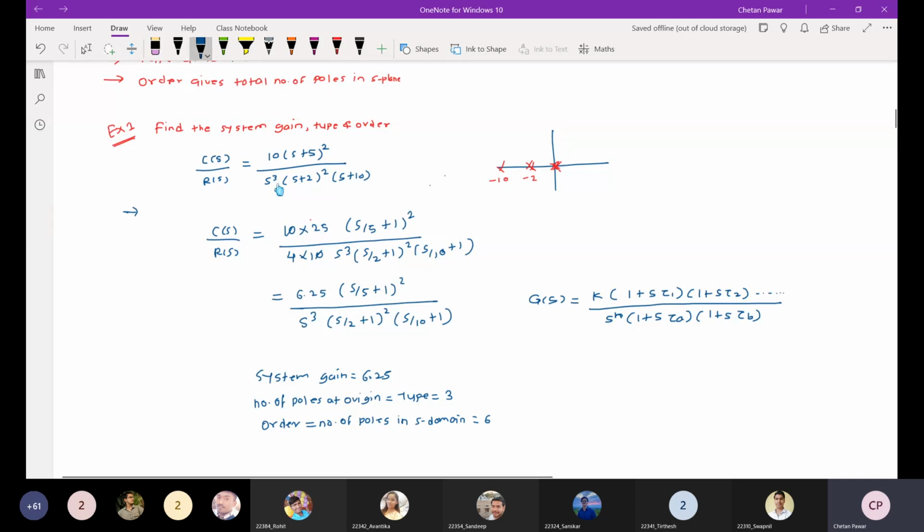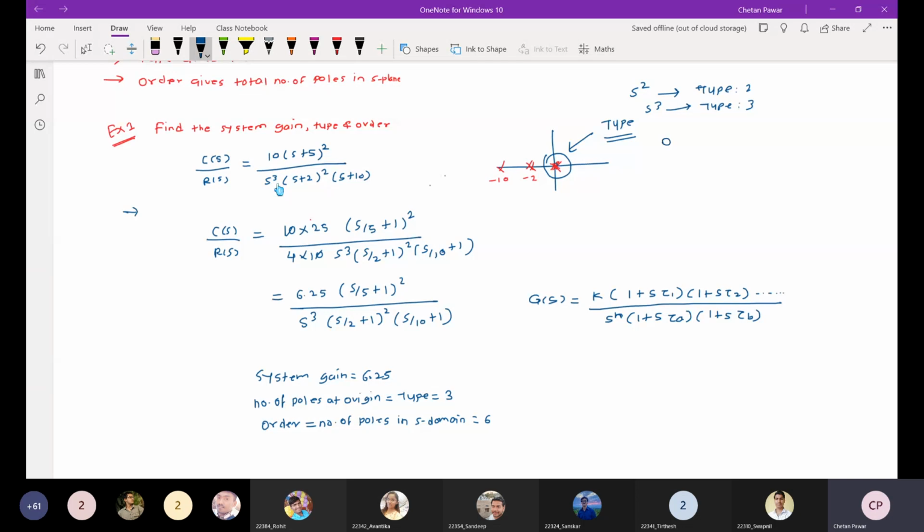This pole location shows the type of the system. If there is a square term in the poles, the type of the system will be 2. If s cube is there, the type will be 3, because there are 3 poles at the origin.